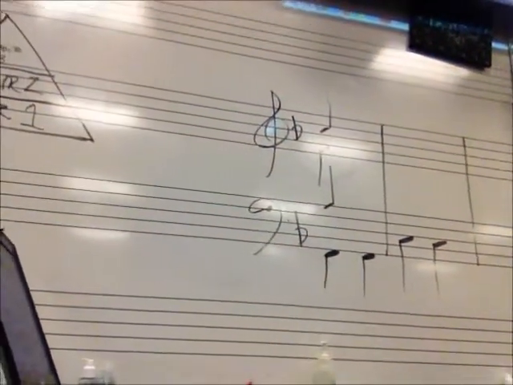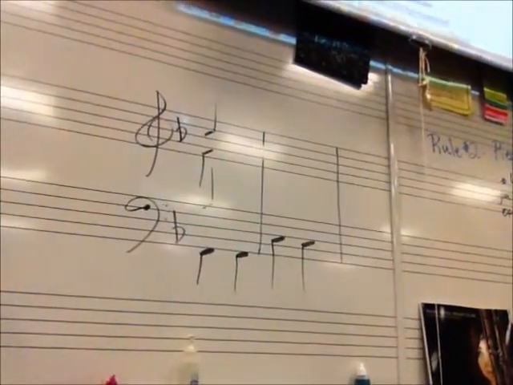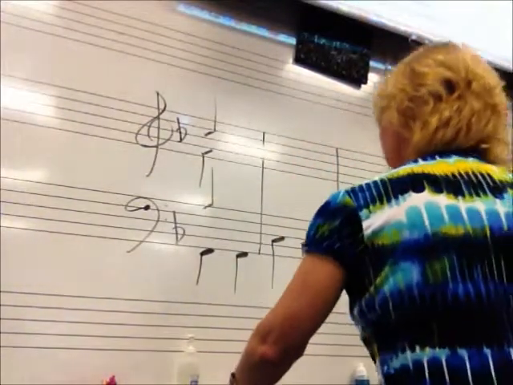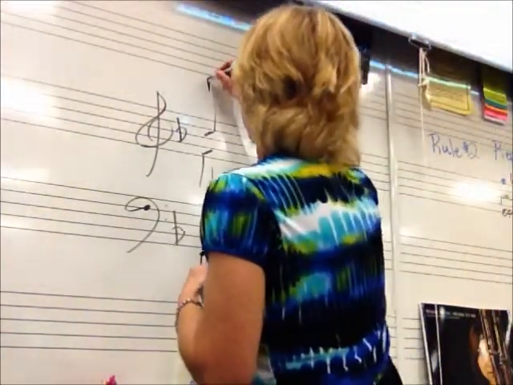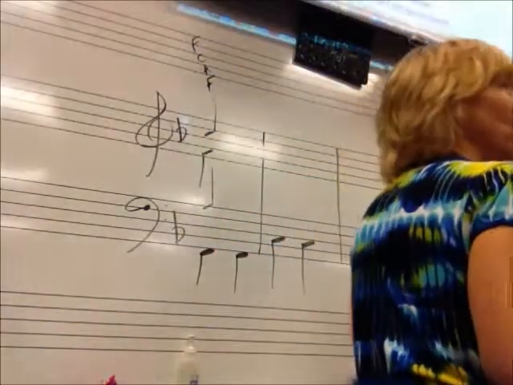Okay, so you guys, I want to start by doing, okay. So on the board we have the F chord. F, A, C, F. And I have a repeated chord.